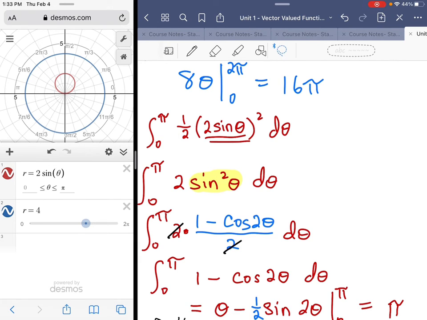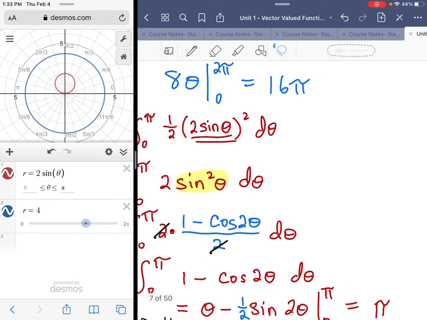The antiderivative of cosine 2 theta, forget about the 2 for a sec, antiderivative of cosine would be sine. So I suppose the antiderivative is sine 2 theta, but when you take the derivative of sine 2 theta, you get cosine of 2 theta times 2, which is double what you want, so we throw a 1/2 in the front to correct for that.